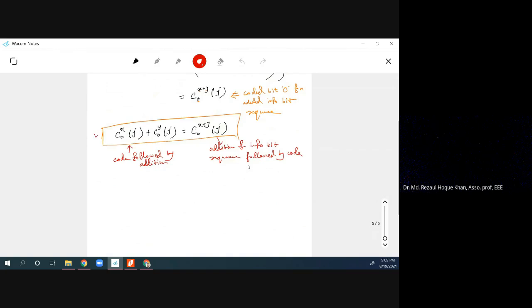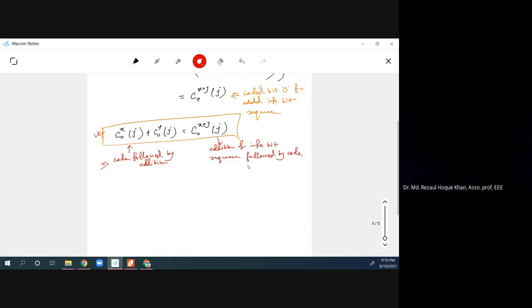Definitely, it gives us a linear solution: the code followed by addition is the same as the addition of the bit sequences followed by code.